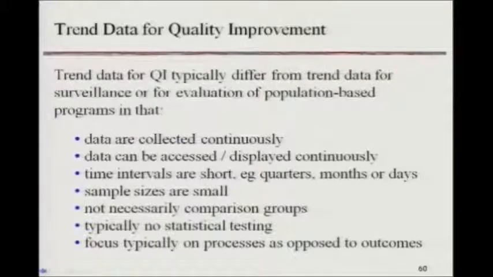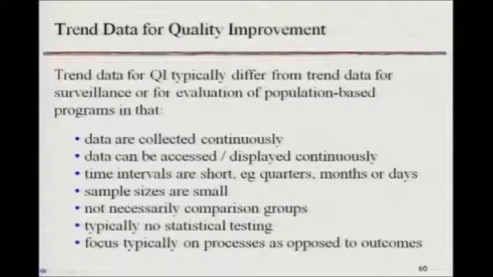First, I put down that data are collected continuously, and then I thought, well, technically birth certificate data is also collected continuously, right? We don't get it as epis continuously, but it's collected continuously.